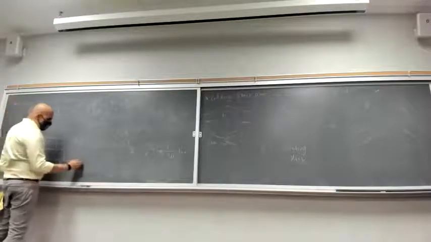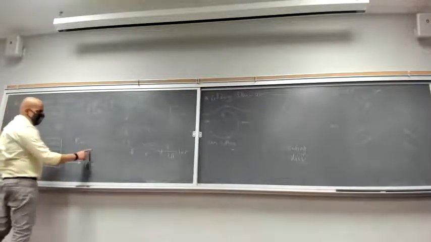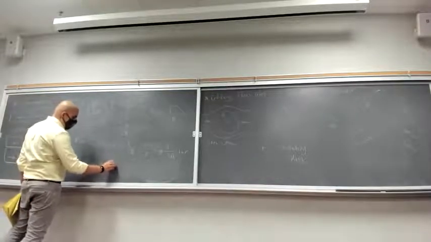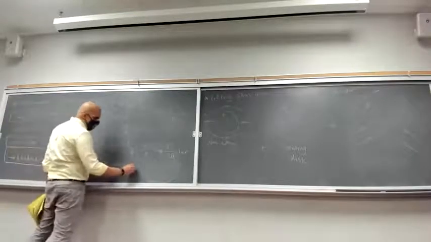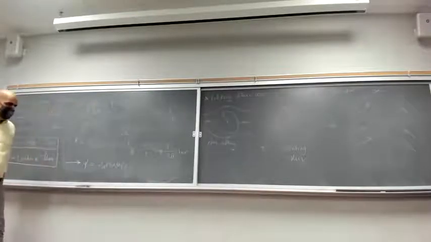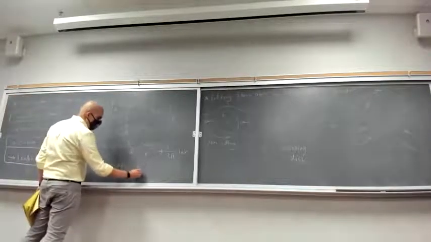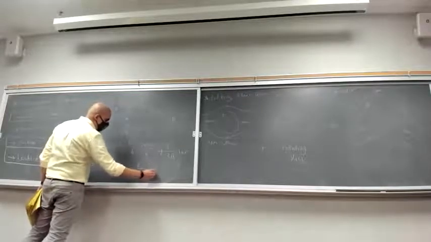Let's try to simplify this a little bit. I'm going to take a v infinity r sine of theta out. So v infinity r sine of theta multiplied by 1 minus kappa over 2 pi v infinity multiplied by 1 over r squared.